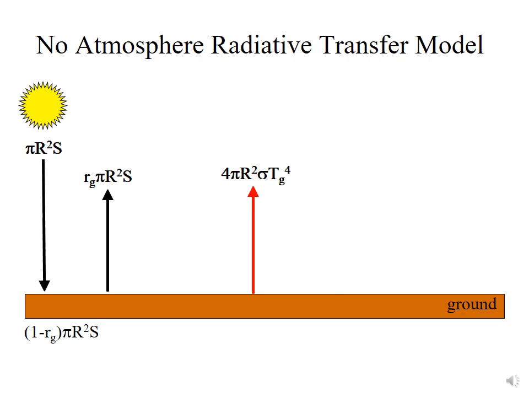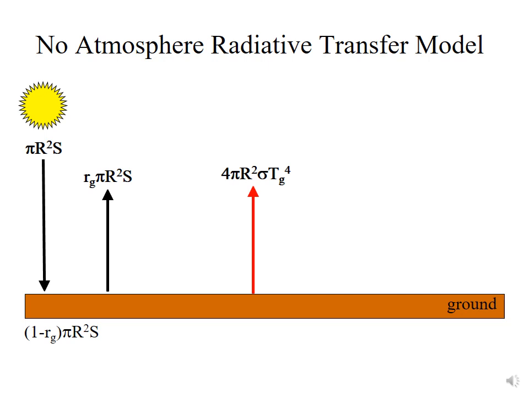Well, I guess I lied in that I was assuming that the Earth is a perfect black body. Well, it's not a perfect black body if it has a reflectivity. So in this case, it is a perfect absorber and emitter of infrared radiation, but it's not a perfect absorber of incoming solar radiation because it's actually reflecting some of that.